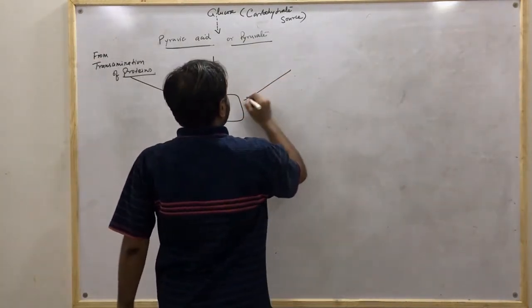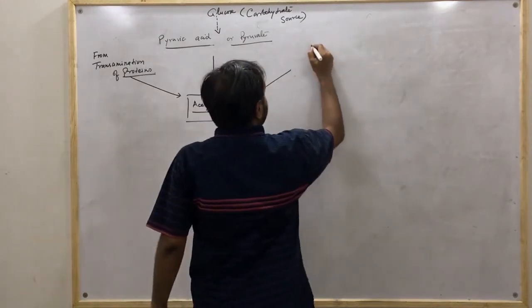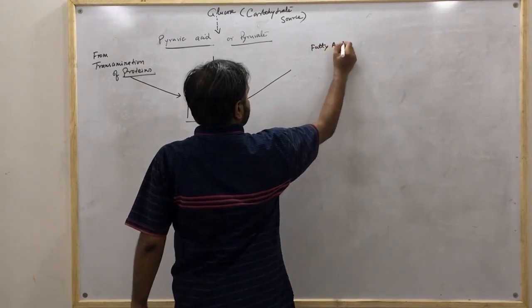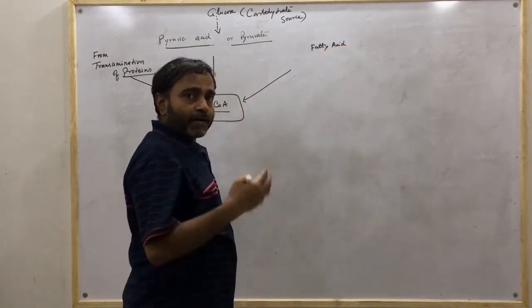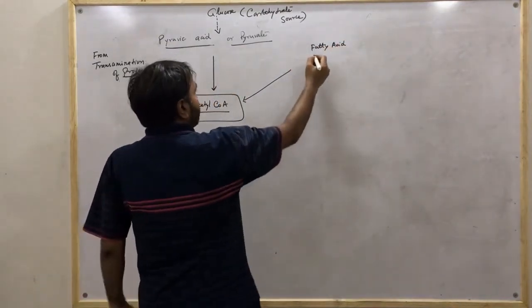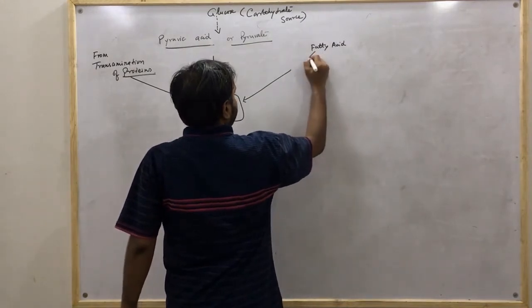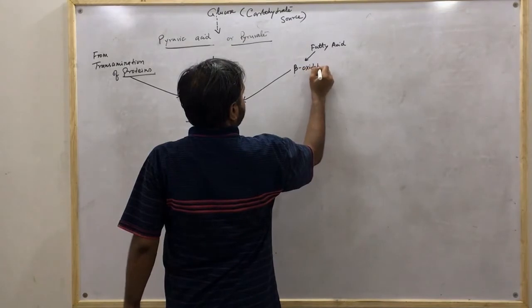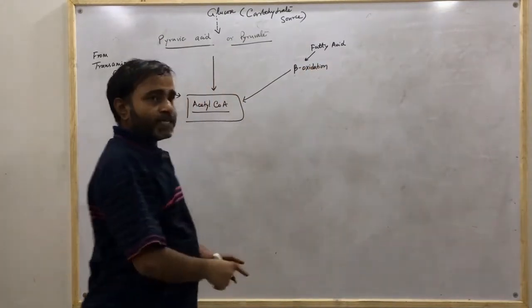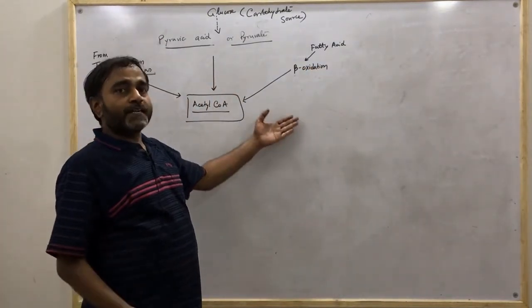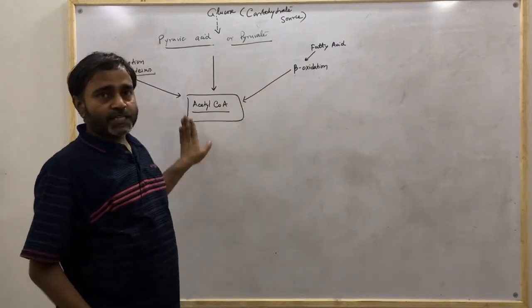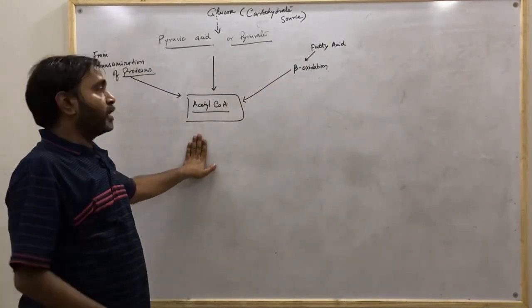Likewise, it can also be formed from fat, because fatty acid is formed by the degradation of fat molecules most of the time, and by beta oxidation. Beta oxidation means the carbon present at the beta position will get oxidized. So by beta oxidation, acetyl-CoA will get formed.